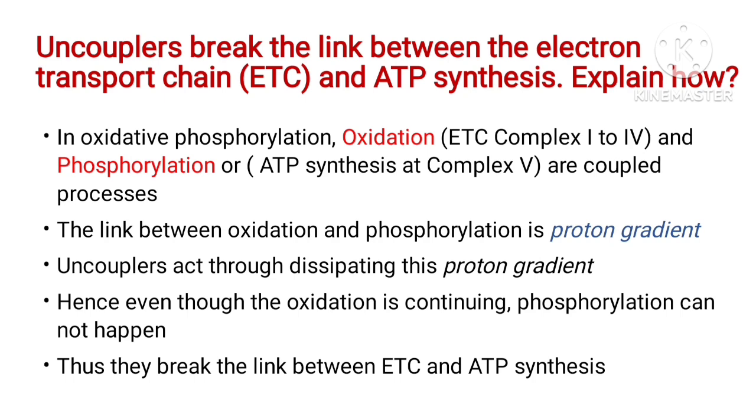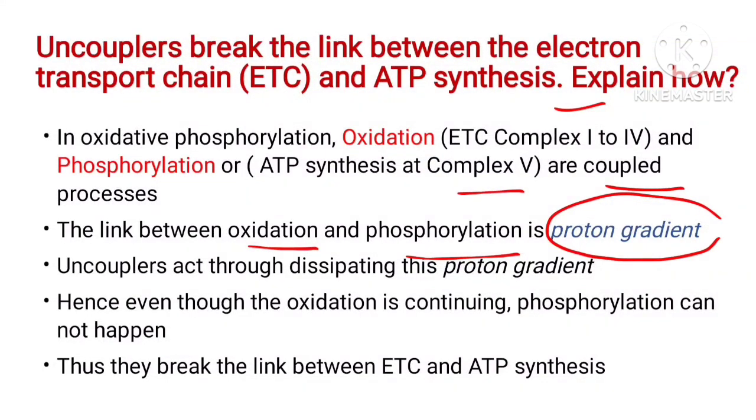The mechanism is this: in oxidative phosphorylation, oxidation from complex 1 to complex 4 in the electron transport chain and phosphorylation at complex 5 are tightly coupled processes. The link between oxidation and phosphorylation is the proton gradient. This proton gradient is generated by oxidation and used by phosphorylation.